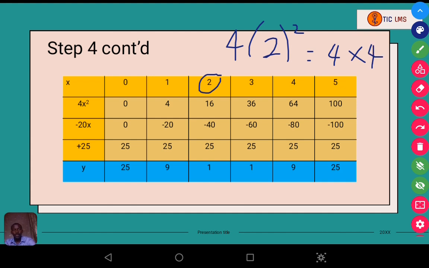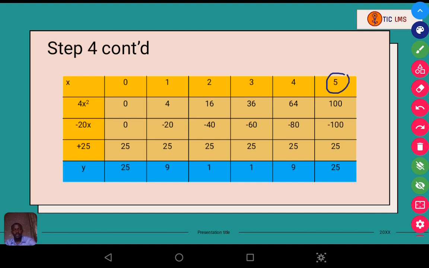Then 4 multiplied by 4 gives us 16. Okay, when our value of x is 5, we have 4 bracket 5 squared. So we've replaced the x with 5. 5 squared is 25, and 25 times 4 gives us 100. That is how we complete the second row.